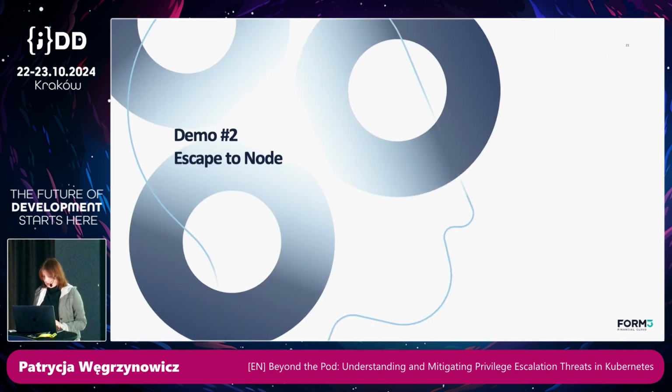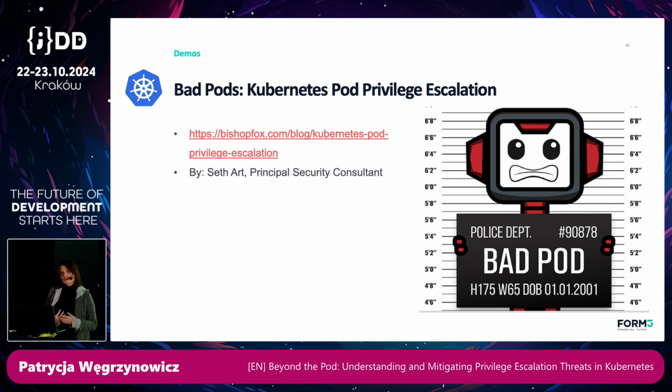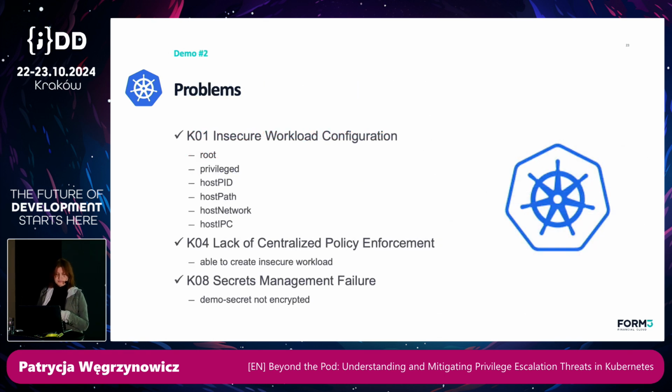So you've seen here, we had many ways to escape to the node and then find out more information with our privileged data. When you want to learn more about Kubernetes pod privilege escalation, I highly recommend this blog post by Seth Art. He describes various problems in Kubernetes workload configuration and how they can be exploited. Here we had full exposure with root privileges and other misconfiguration.